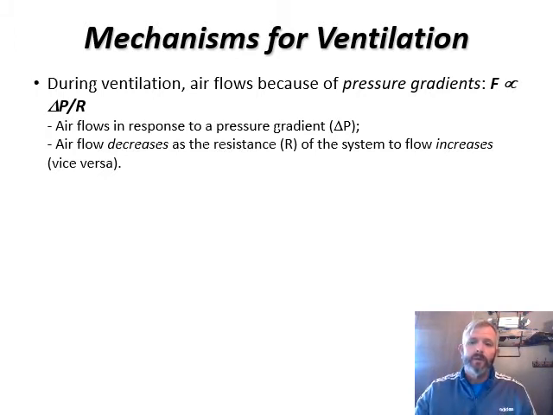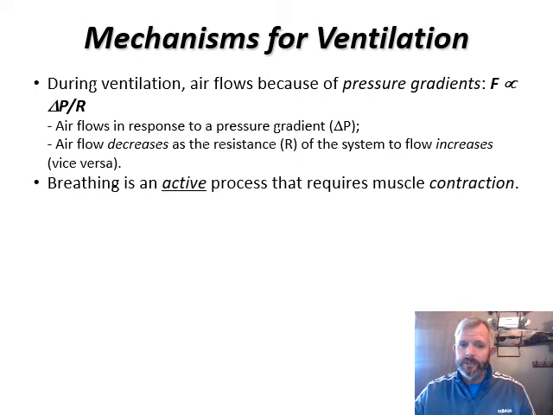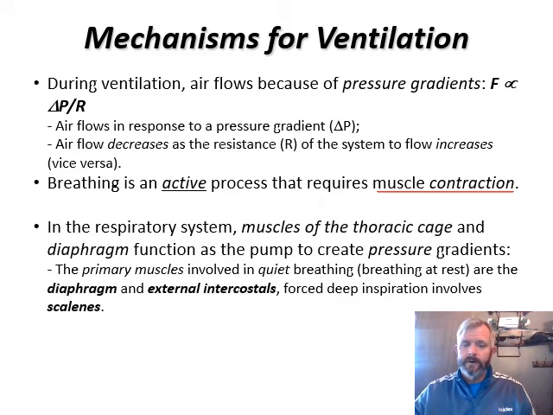We're going to do this again by changing pressure, and we're going to see how we change the pressure in our lungs. We do this via muscle contraction, which changes the volume of the lungs. We change the volumes using several muscles.